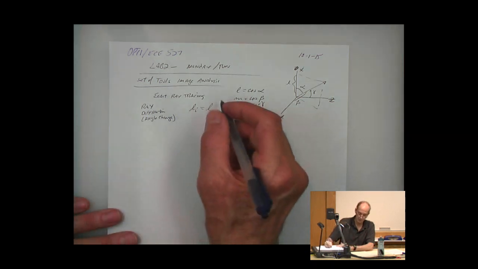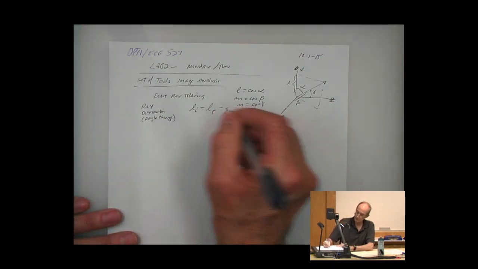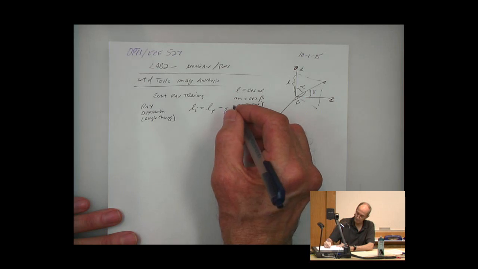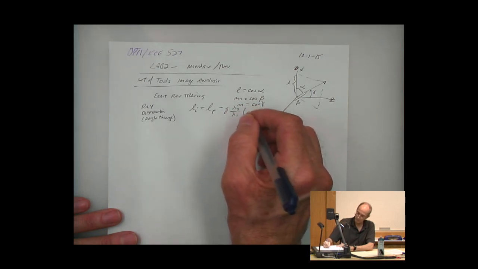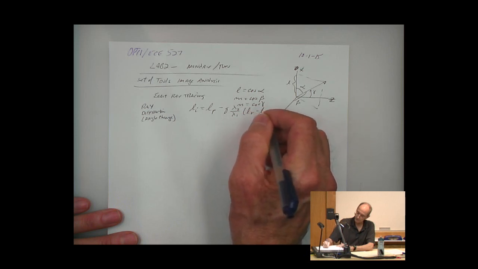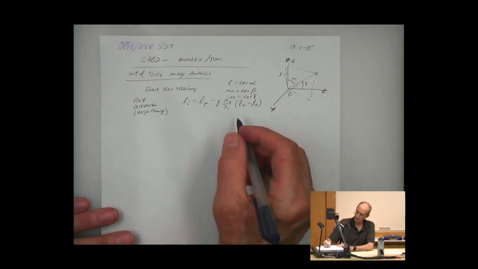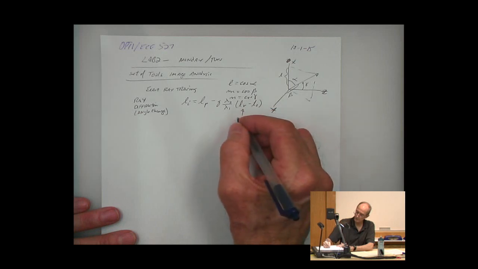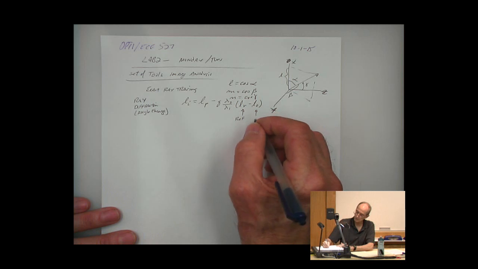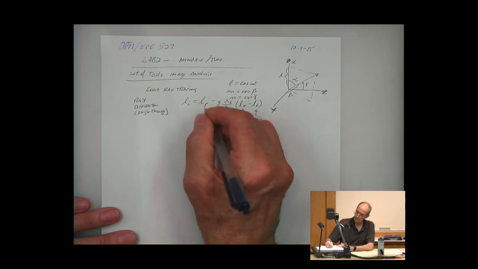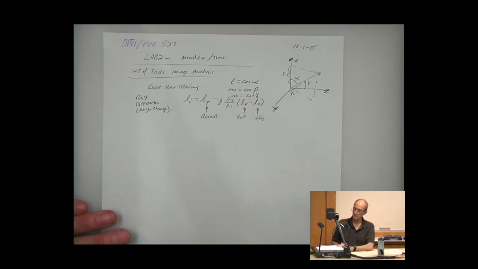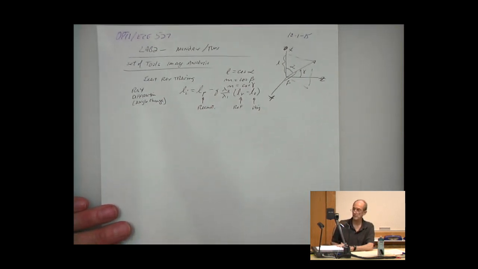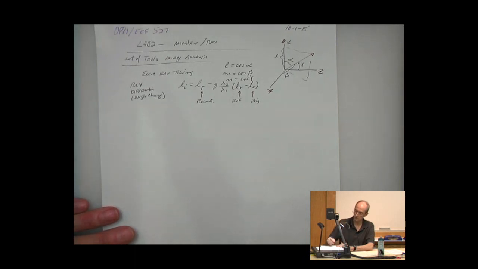So we have the image direction cosine Li is LP minus Q times the reconstruction wavelength over the construction wavelength times LR minus LO. And so this is the reference beam during construction, this is the object beam, and that's the reconstruction beam designation for the point sources that are used during construction and reconstruction.